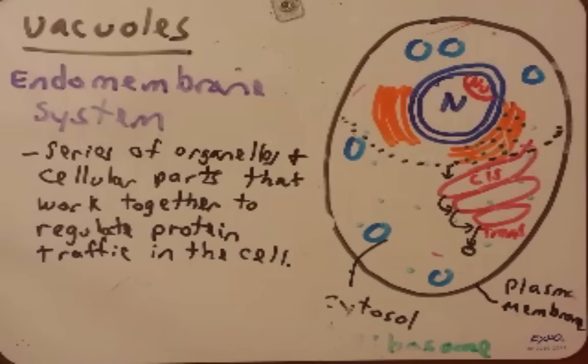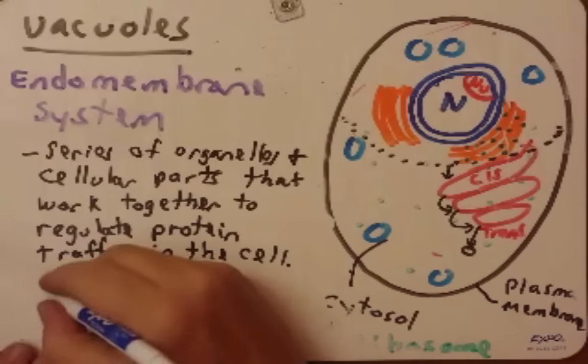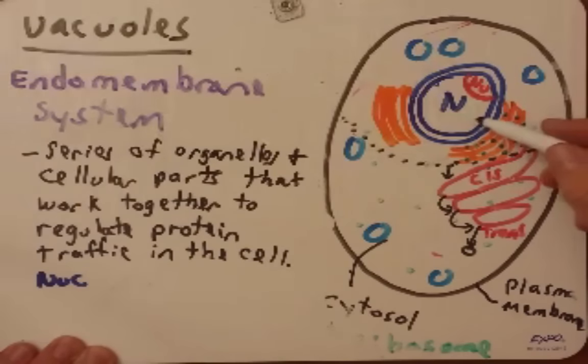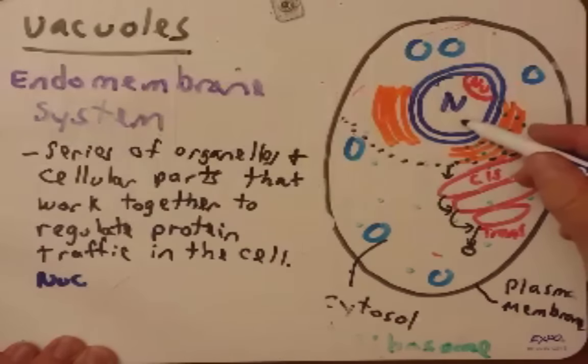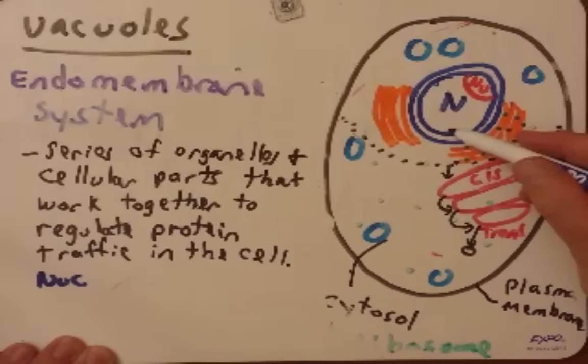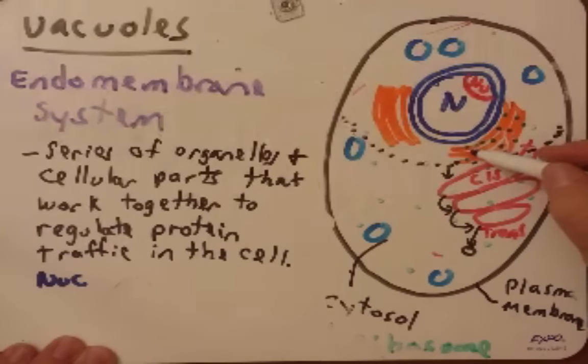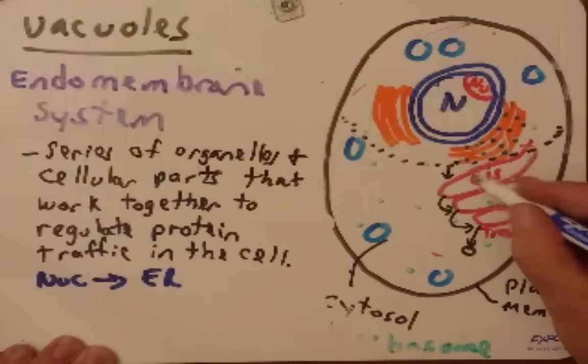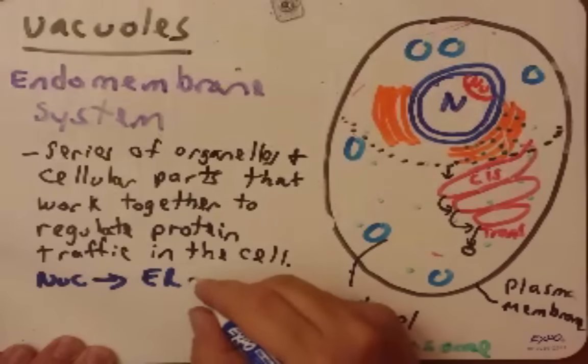So for instance, everything, or at least most of the things that we've drawn to this point would fall into this category. So for instance, the nucleus is where protein traffic starts, right here. It will make a messenger RNA that we'll talk about later, and then it'll insert into the rough ER. It will then pass this protein from the ER to the Golgi.